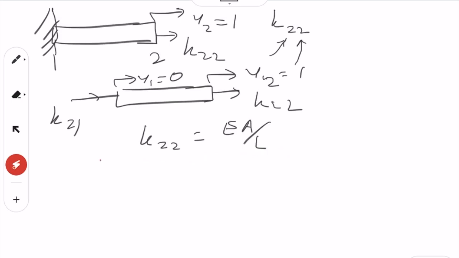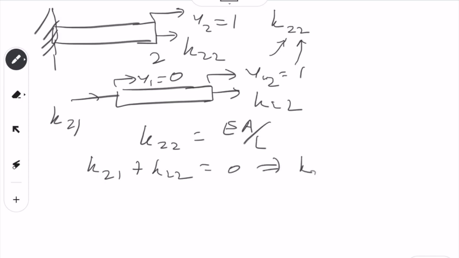And again K21 plus K22 equal to 0, and hence we will get K21 equal to minus K22 is equal to minus EA over L.